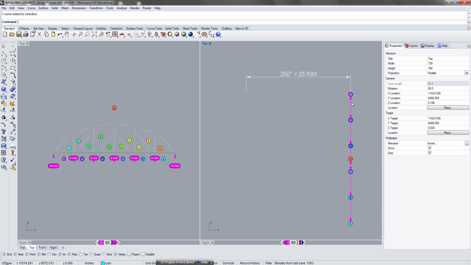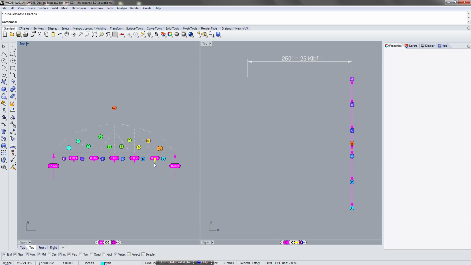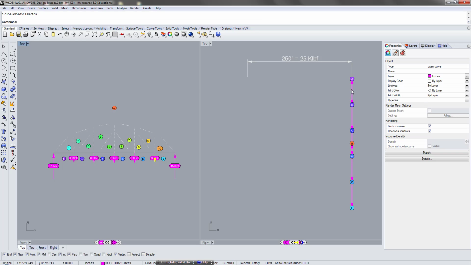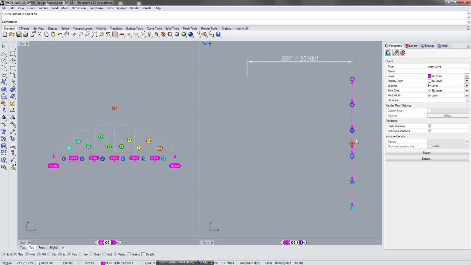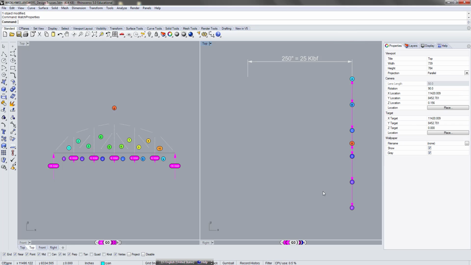If we map the force from the bottom, following clockwise order around, the first applied force here is AB, next one is BC, next one is CD, next one is DE.